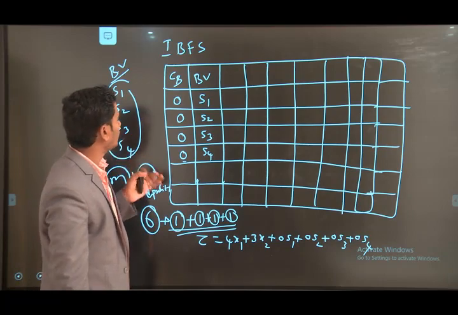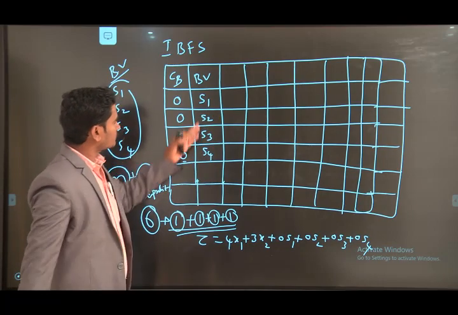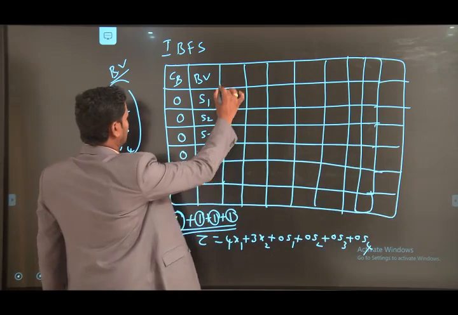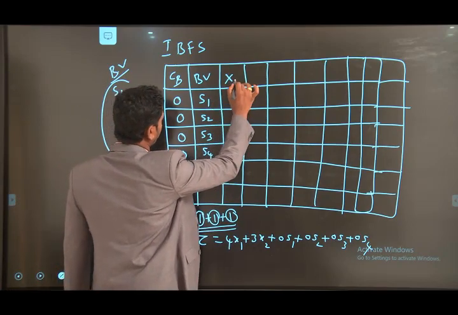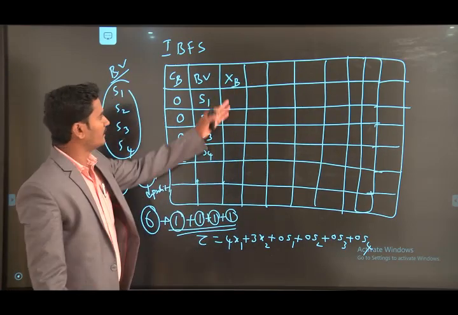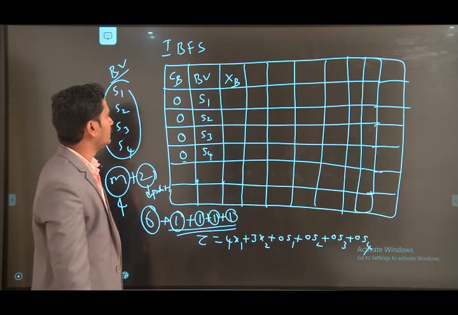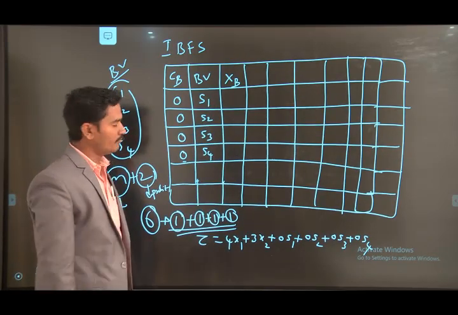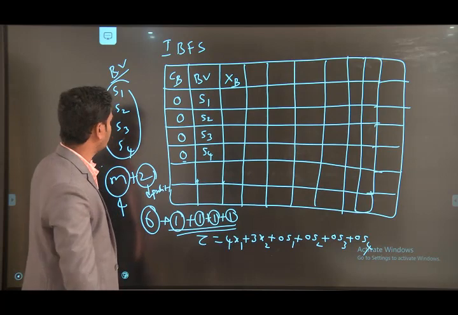Contribution values are over. Next, coming to the third column, it is the solution value of basic variable, indicated by x suffix b. What is the solution value of basic variables?